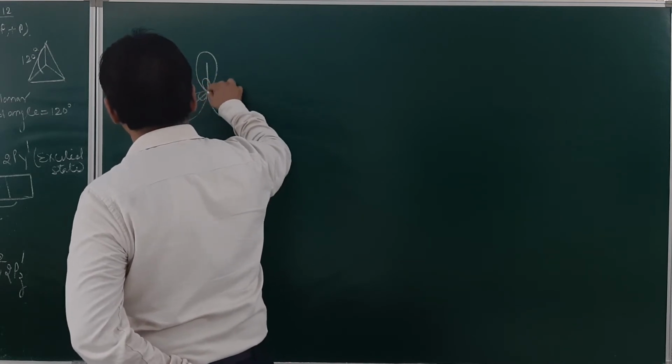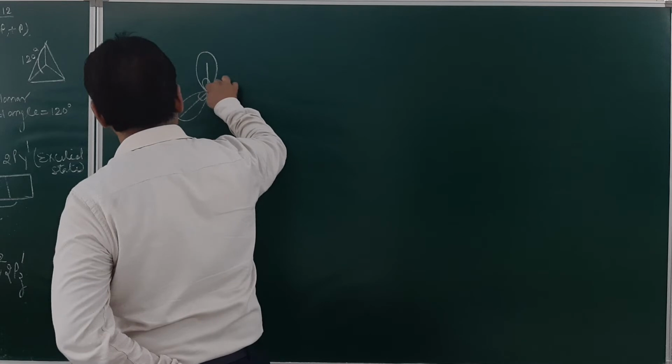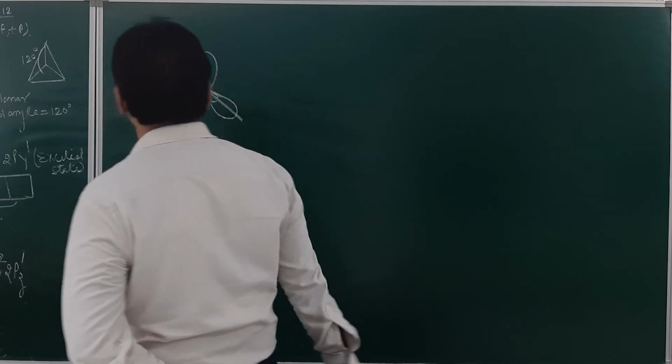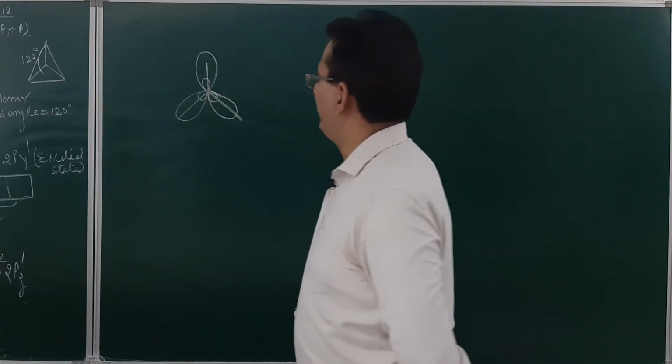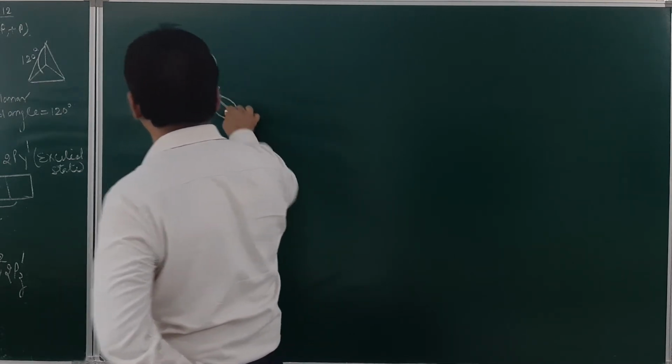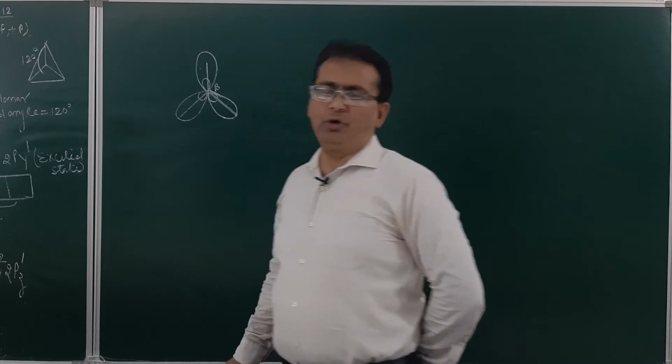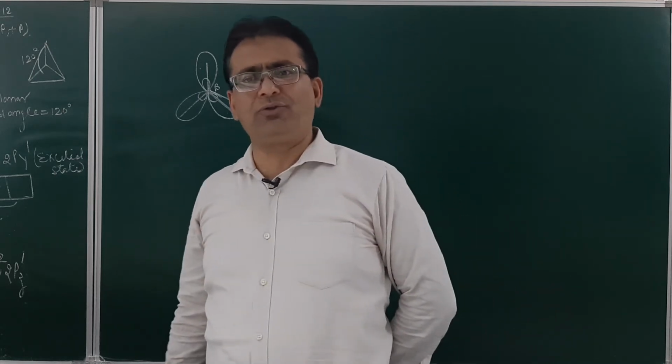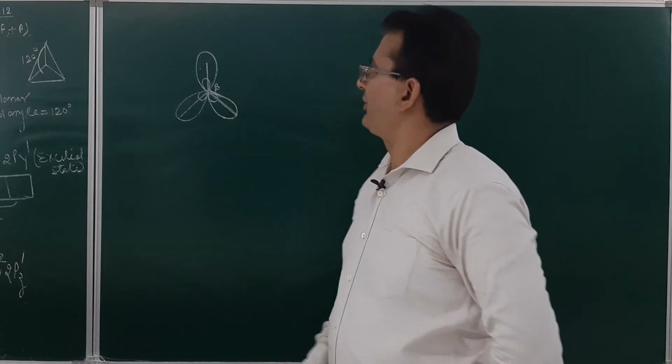Tell me whether you are getting it clear or not. This is boron having sp2, sp2, sp2 hybrid orbitals, which have oriented themselves to adopt the trigonal planar geometry.